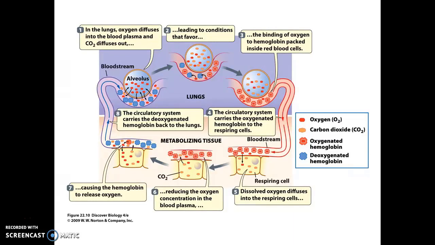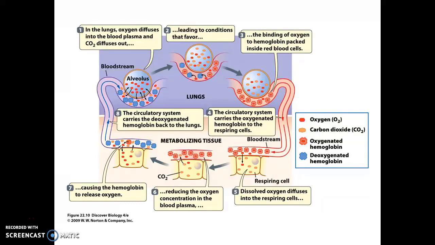This oxygenated blood is then pumped by the circulatory system to the tissues of the body that are performing cellular respiration. As the blood arrives at these tissues, the oxygen will begin diffusing into the tissues, leaving the blood plasma. This will cause more and more of the hemoglobin within the red blood cells to release the oxygen that they are storing, and that oxygen will continue to travel into the cells.